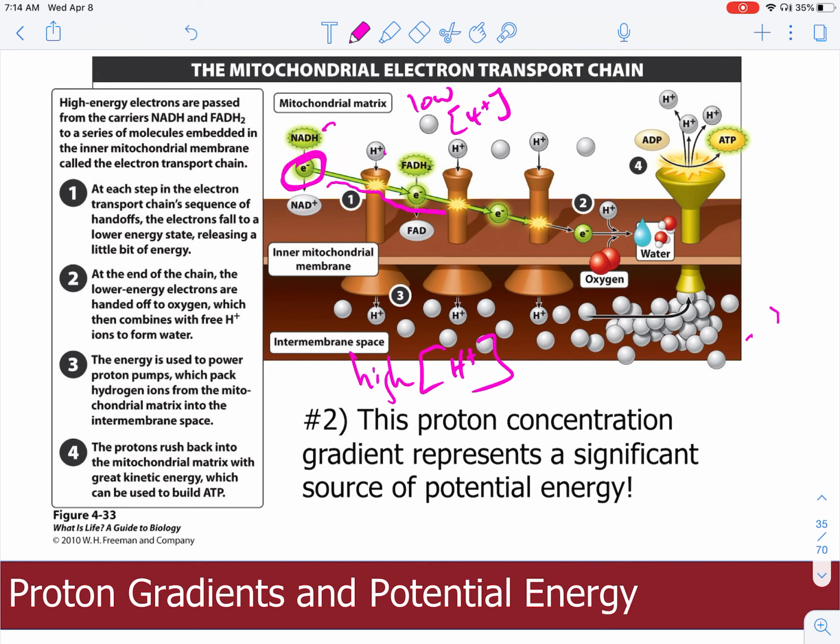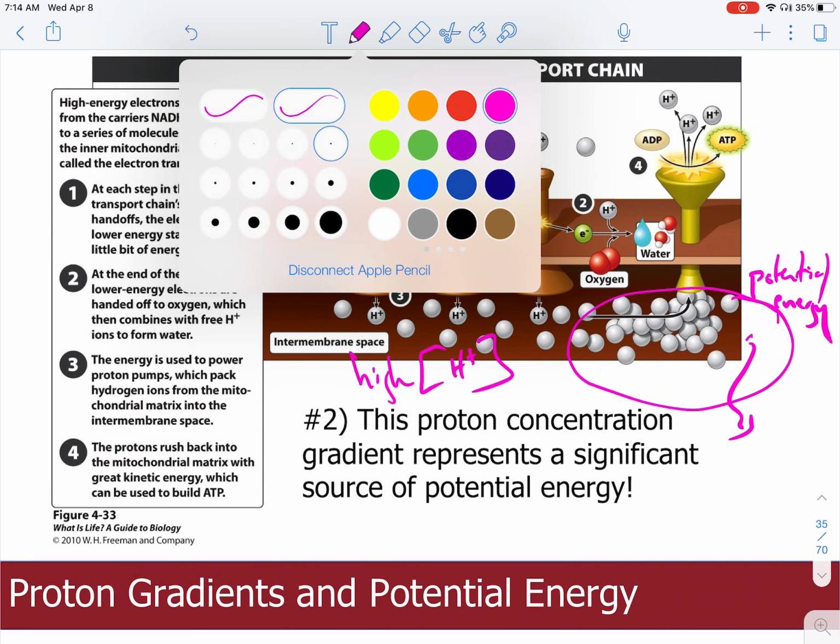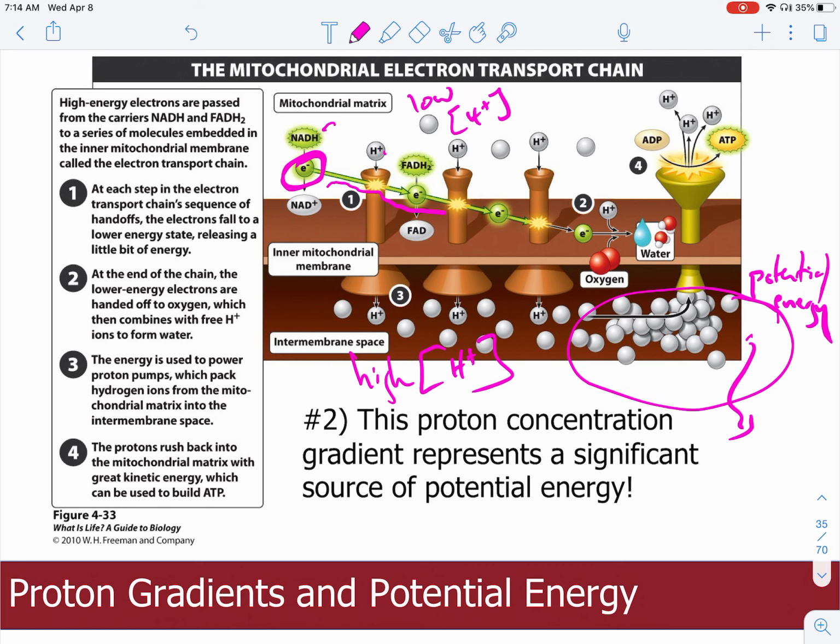That proton gradient is a potential energy. If you remember from the enzymes lecture, it's similar to a hydroelectric dam, so there's a buildup of that energy across the intermembrane space.